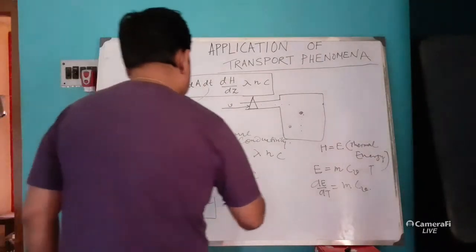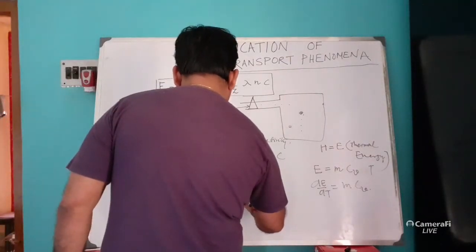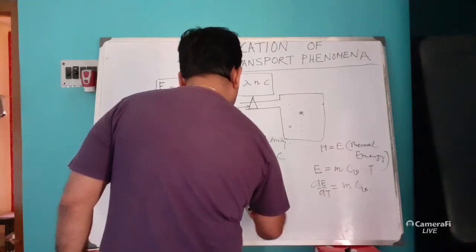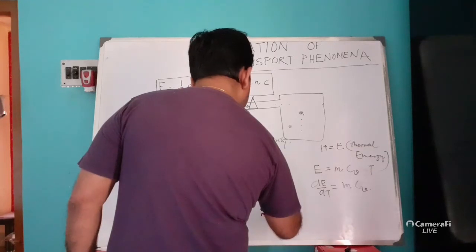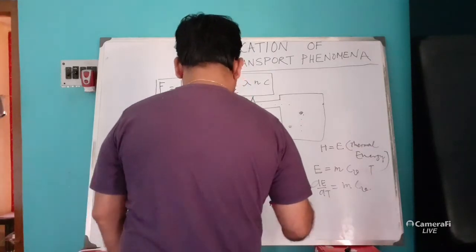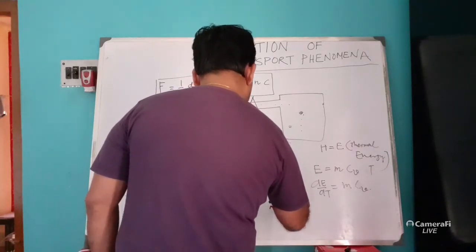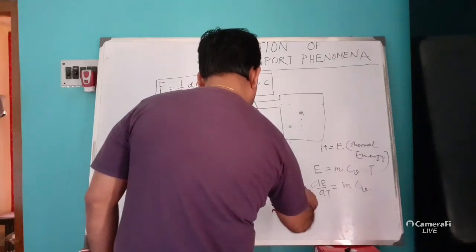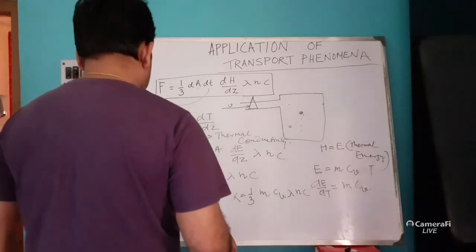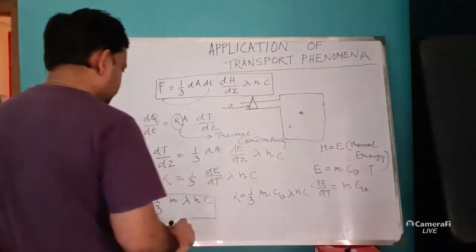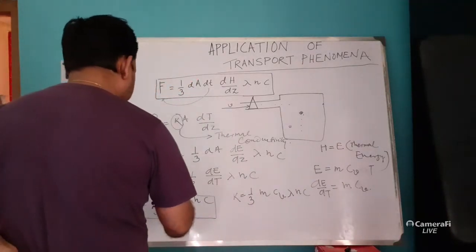So you can write K is equal to 1/3 m Cv lambda n C. So here we can take this thing into account.